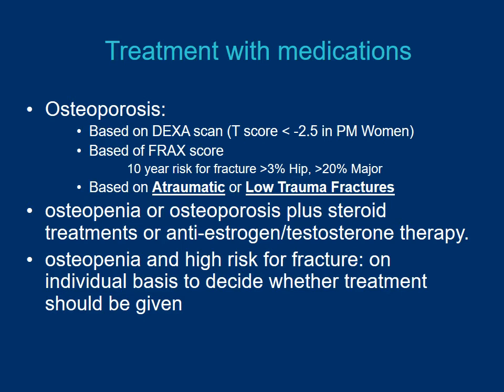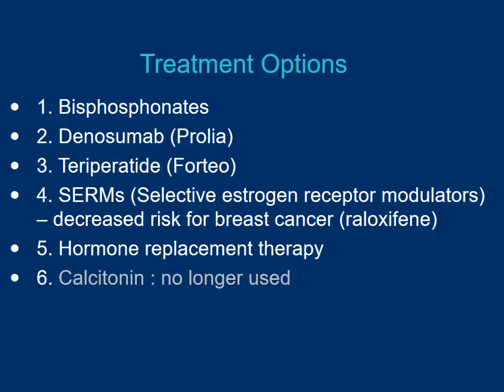And third, osteopenia and high risk for fracture, on an individual basis to decide whether the treatment should be given or not. So it is given in osteoporosis, and in osteopenia with high-risk patients on steroid or hormonal treatment, and on an individual basis according to the assessment of the patient.